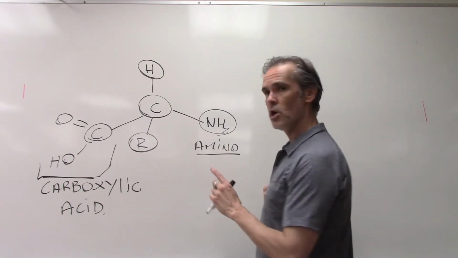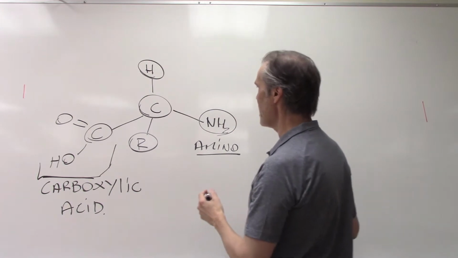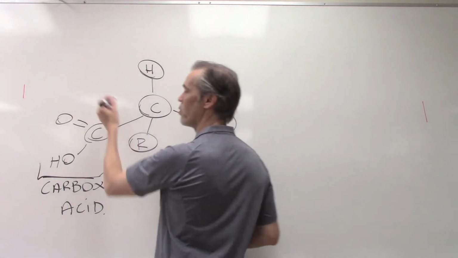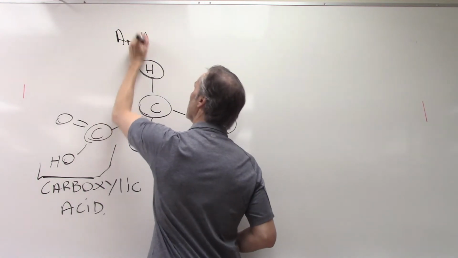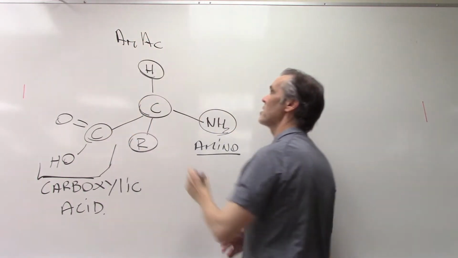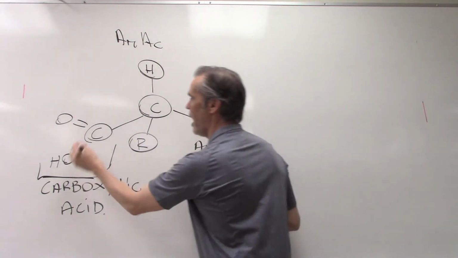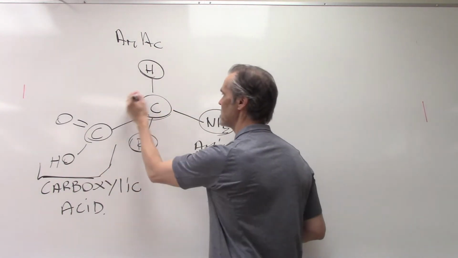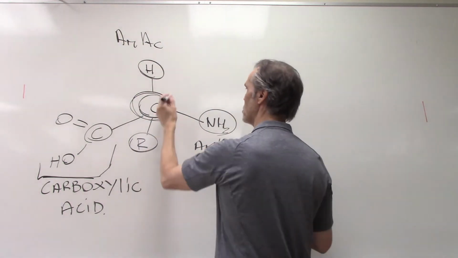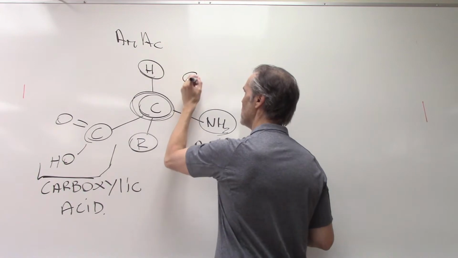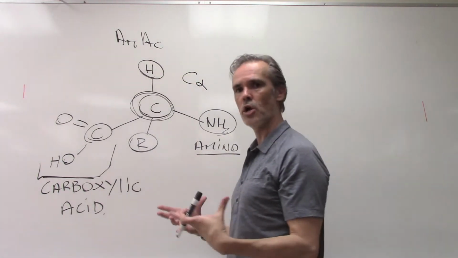I don't want to explain this here. But what I want to show is the structure of an amino acid, and I will refer to amino acids now on the board as AA, amino acids. And we have our central atom of carbon here, and this carbon, just for your information, is known as the alpha carbon, the central carbon.